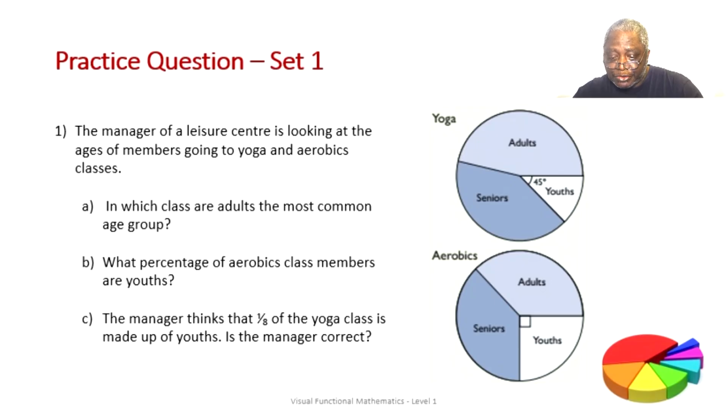Yoga, you have adults, you have 45% of youths, and then you have seniors. And then aerobics, you have adults and seniors more or less the same, probably seniors slightly bigger, and then you have youths. I want to draw your attention to the fact that with the youths, you see that square box in the center and pointing to the youths.